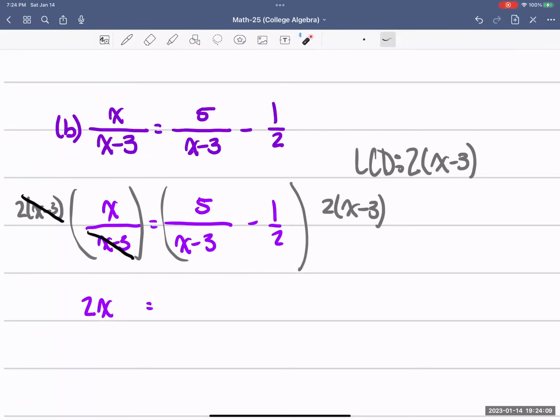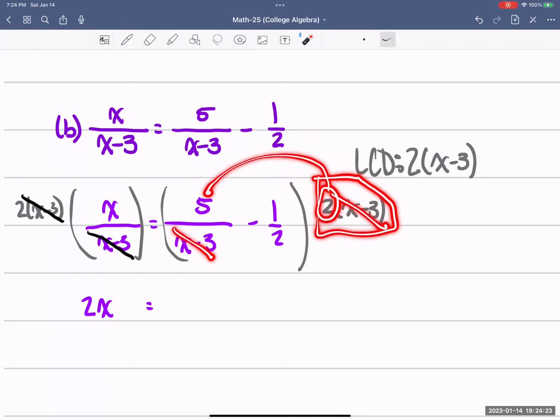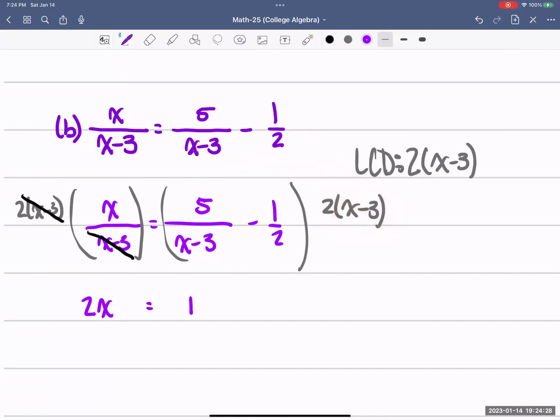Perfect. And now we have this being multiplied to this fraction, but also to this fraction. Let's start with this first fraction. So when we multiply our LCD, x minus 3 is going to divide out. Then we have 2 times 5, so 2 times 5 gives us 10. And we have to keep the sign here, so that's going to be minus.